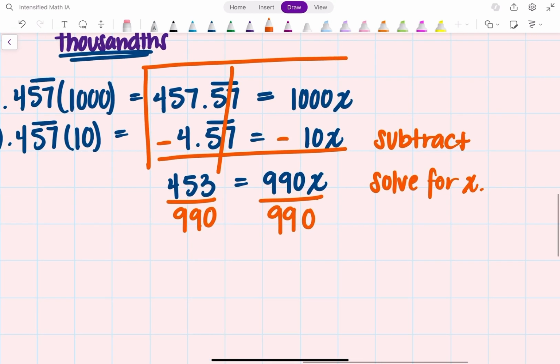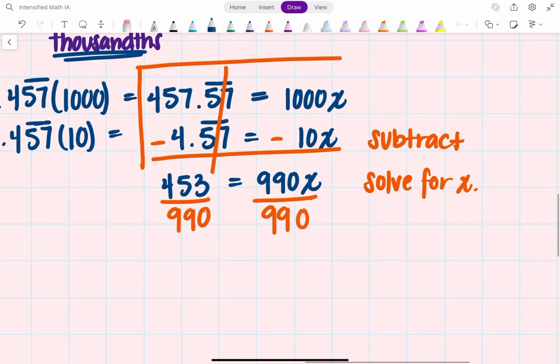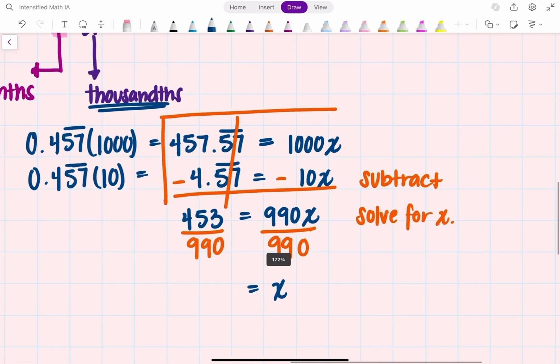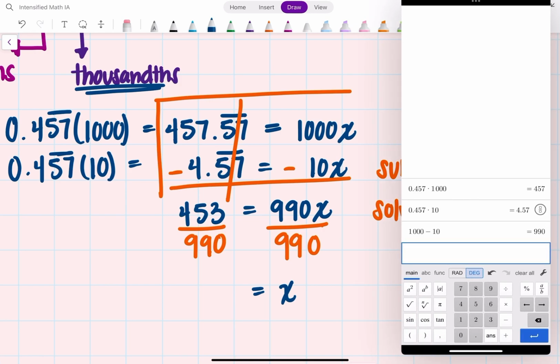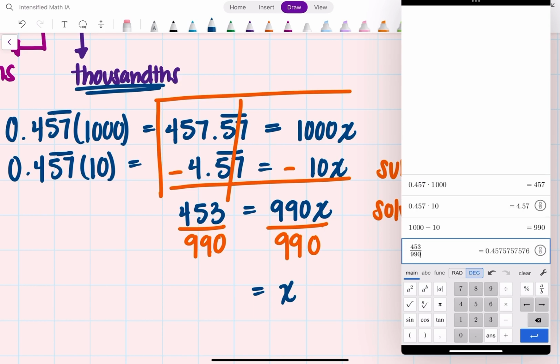And I want to check first if that fraction gives me my decimal of 0.457. So let's check. I have 453 divided by 990, and we actually get 0.4575757, right? Now let's check out the fraction.